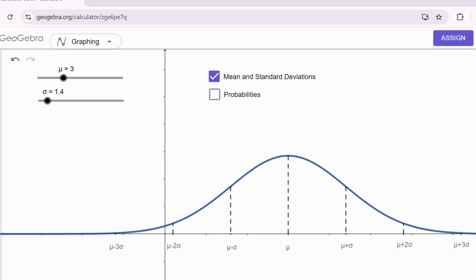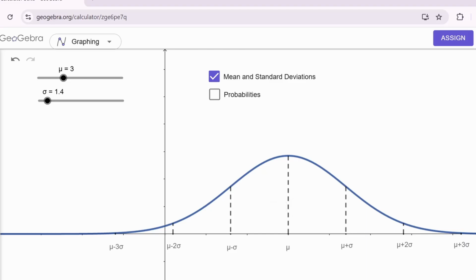If I calculate the area between mu minus sigma and mu plus sigma, here I'm going to have 68% or 0.68 as an area, so 68% of probability of x being between here.